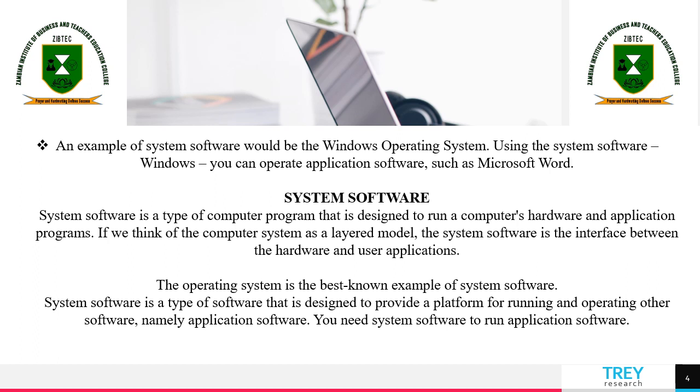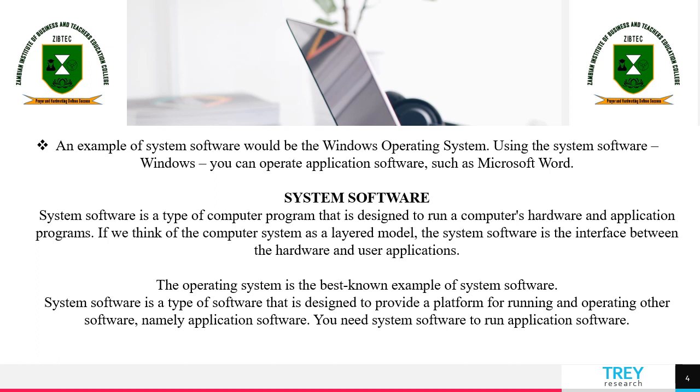The operating system is the best known example of system software. System software is a type of software that is designed to provide a platform for running and operating other software, meaning in this case application software: Microsoft Word, VLC, or software that is programmed to perform specific tasks.